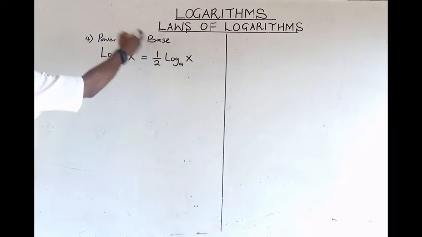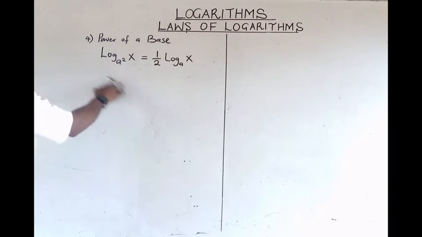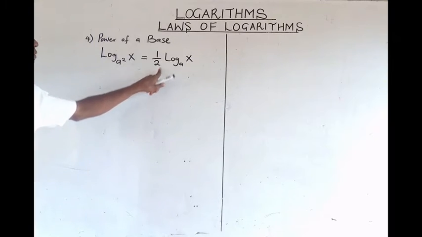So the power, as it's going over to this side, turns to the reciprocal of this log.